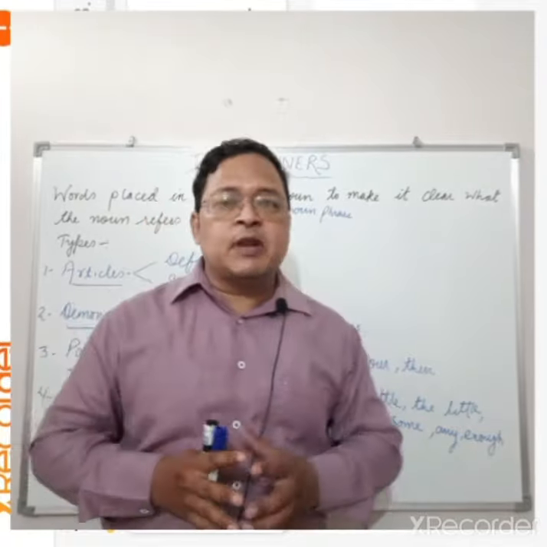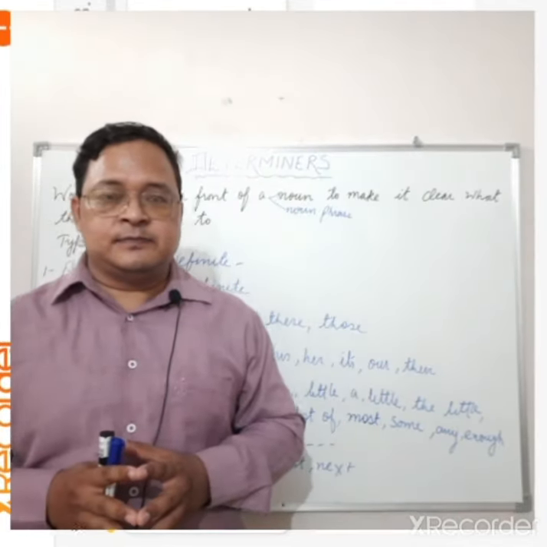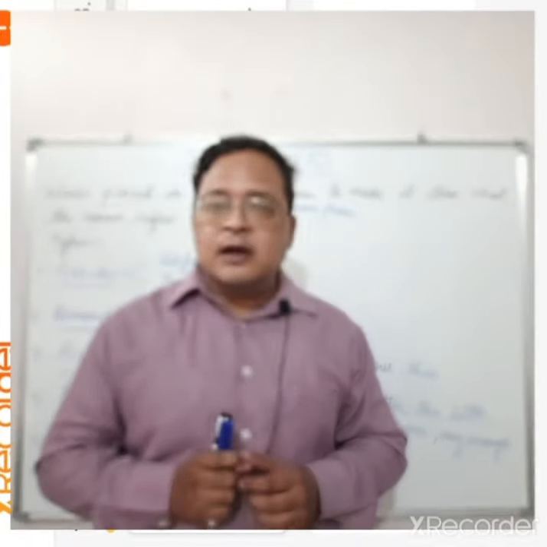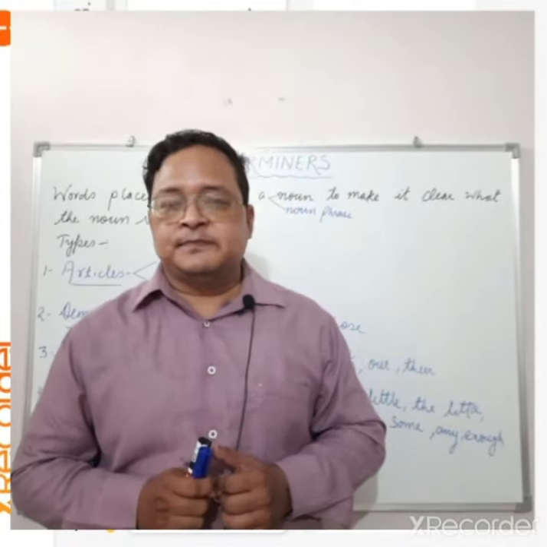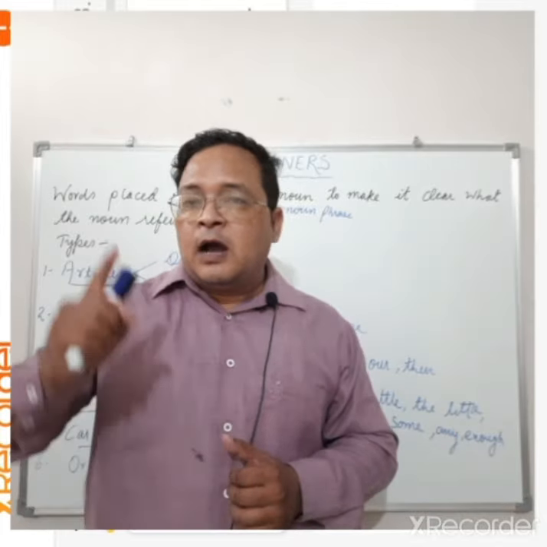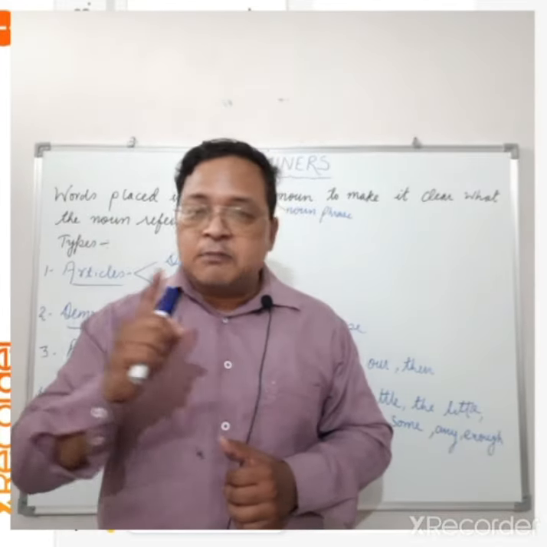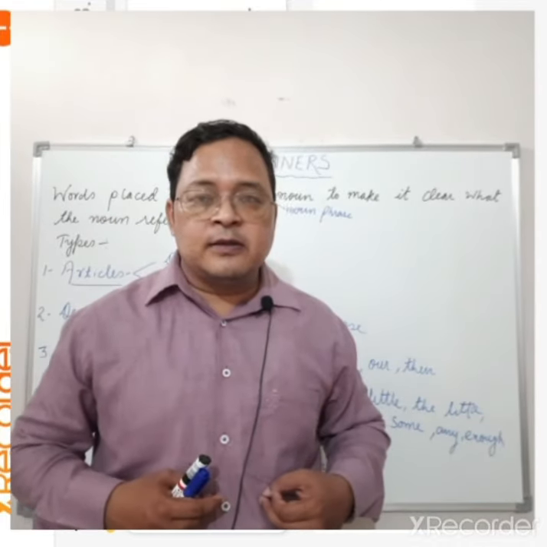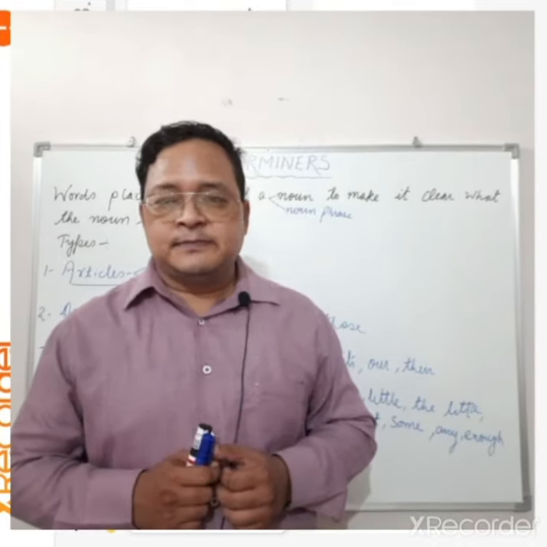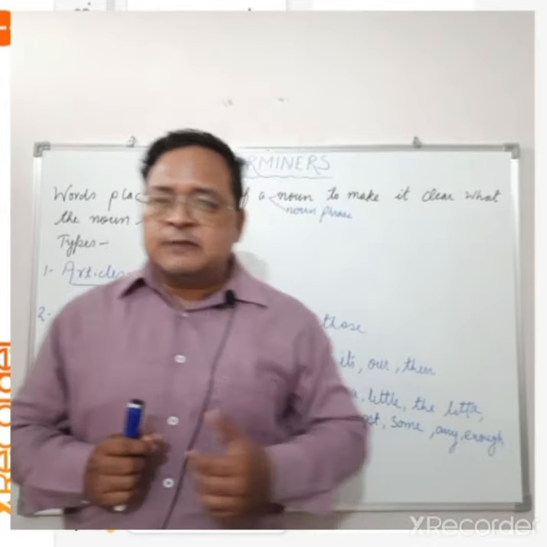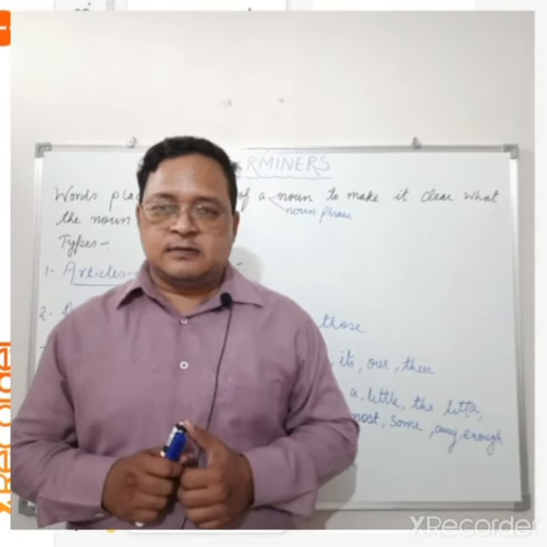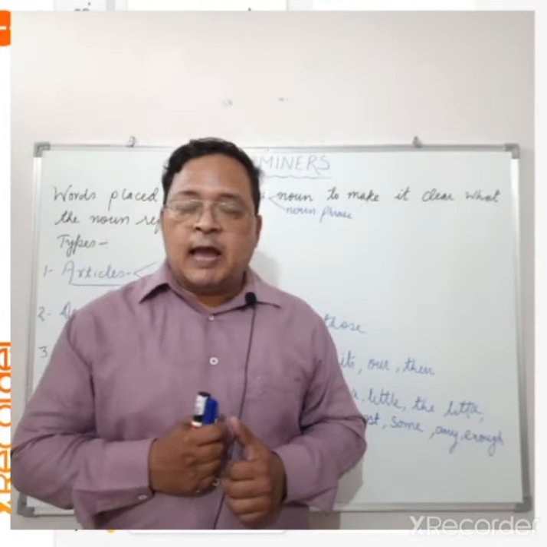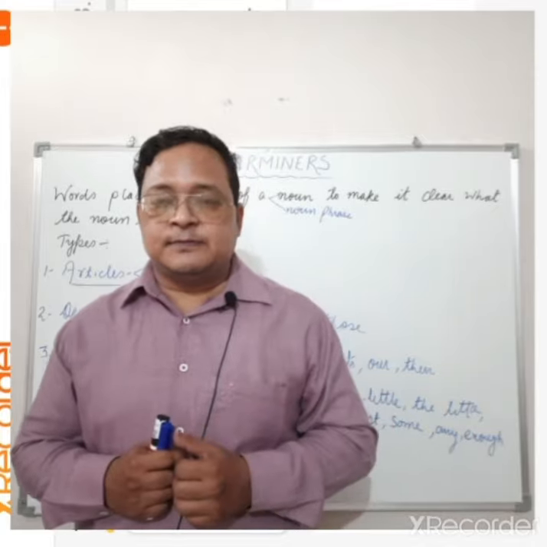A simple example I would like to give you. I met a boy. Second example, I met the boy who was wearing yellow shirt. Children, what's the difference between these two sentences? The words a and the have brought the entire change.